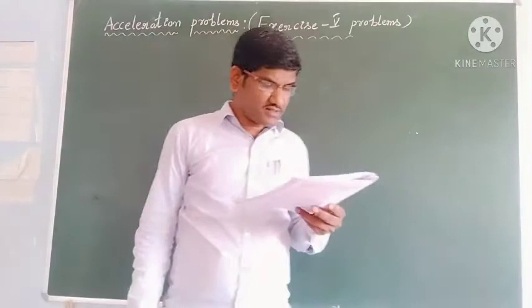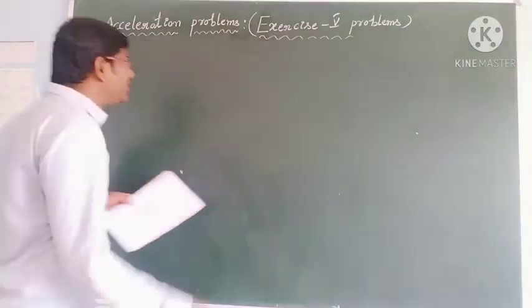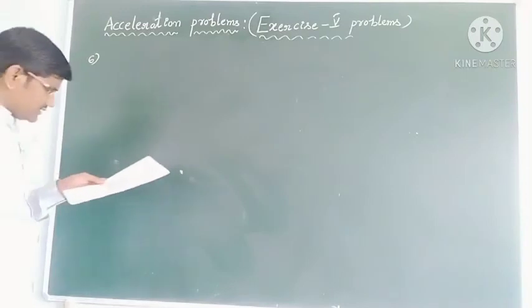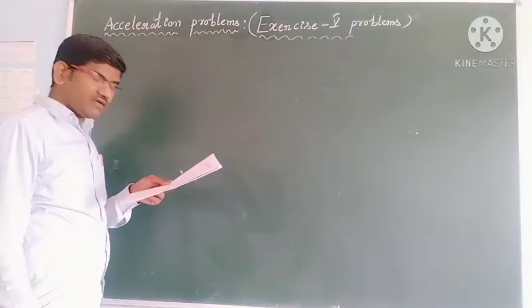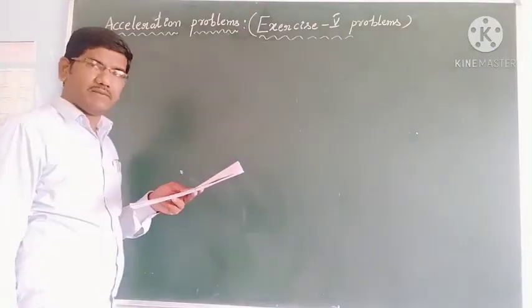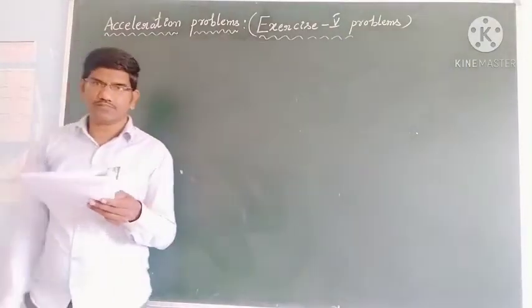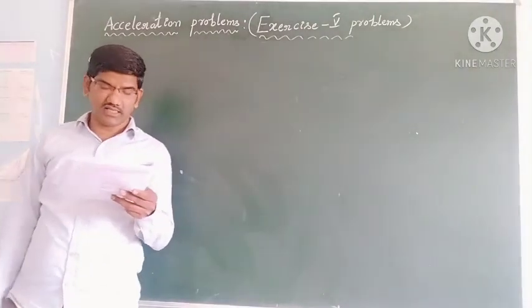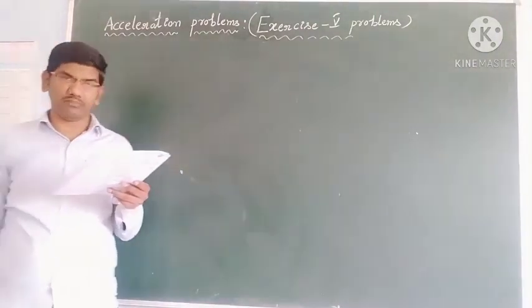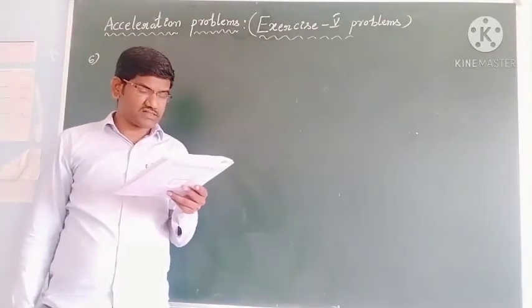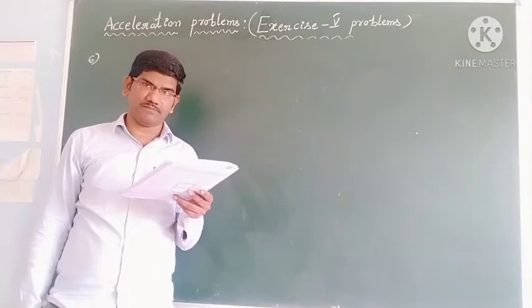Okay students, now next problem, problem number 6. Two racing cars acquire velocities 18 kmph and 36 kmph in 0.5 seconds if they are accelerated uniformly from rest.